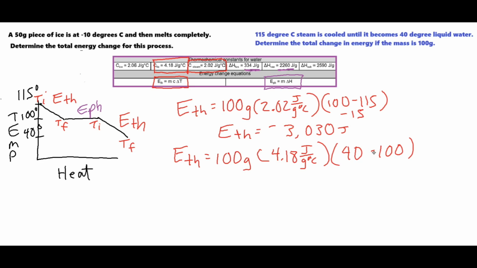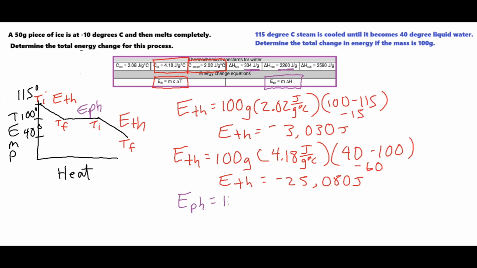Again, 40 minus 100 is going to give us negative 60 because the temperature dropped. And then we find the product of those three, and our ETH comes out to 25,080 joules. That's significantly greater because it had a much bigger drop in temperature as opposed to the first one.